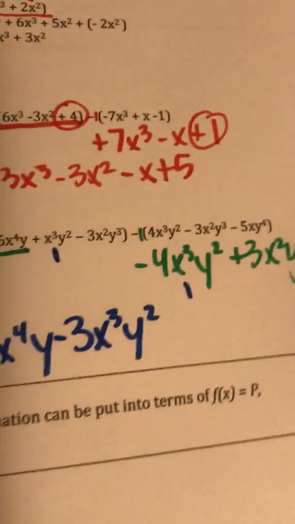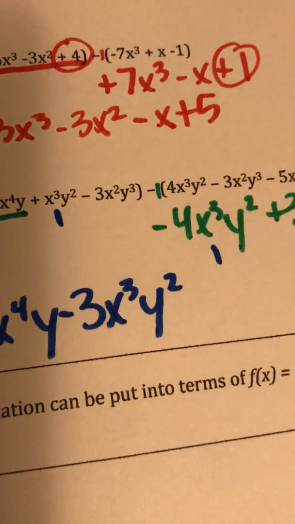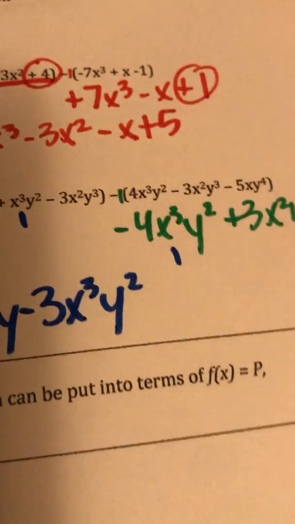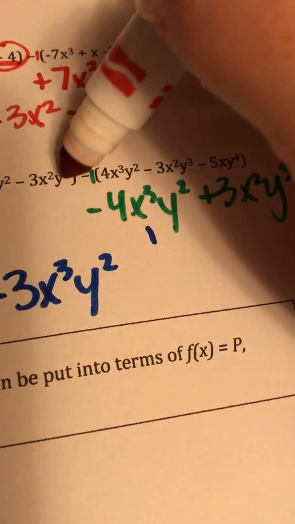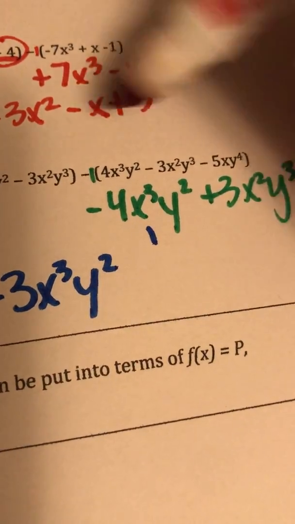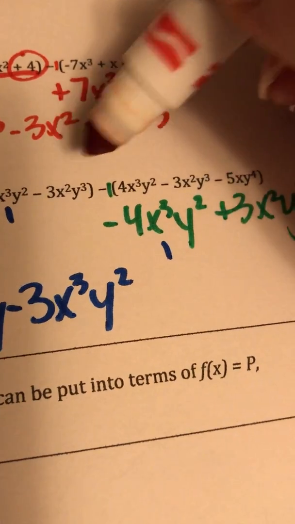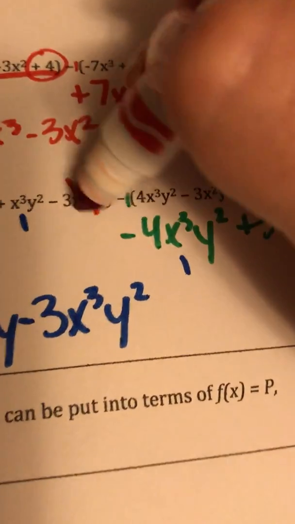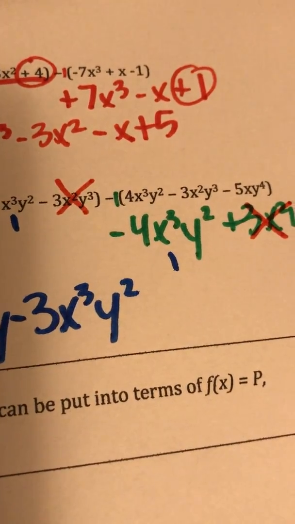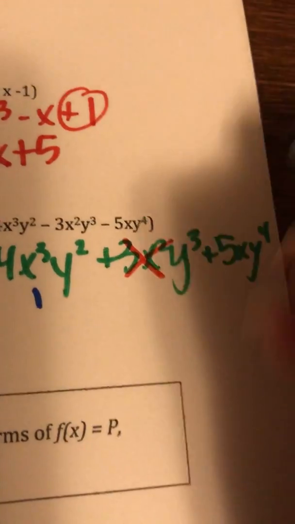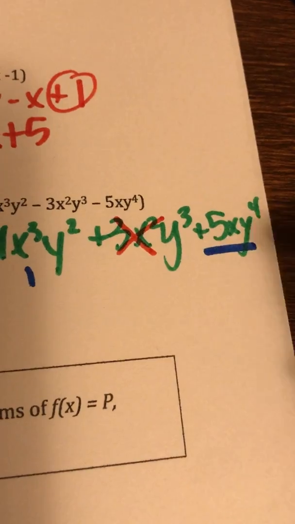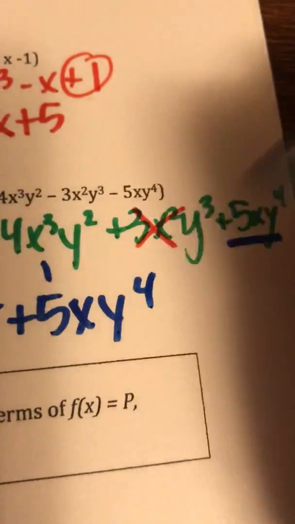I've gotten rid of that one. Now I have x squared y to the third, x squared y to the third. This is negative 3, and this is positive 3, so these two are going to cancel each other out. And finally, at the end here, I have a positive 5xy to the fourth.